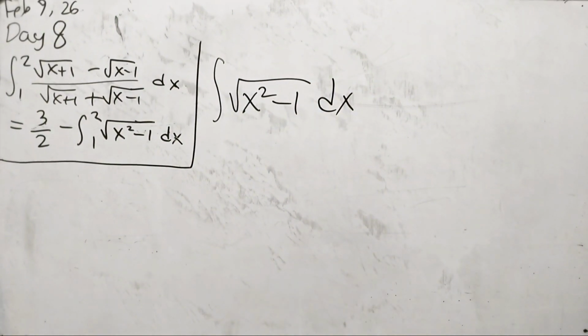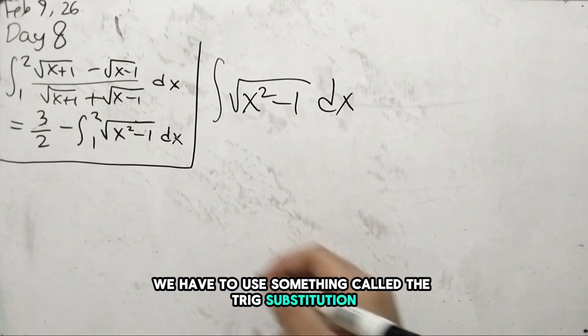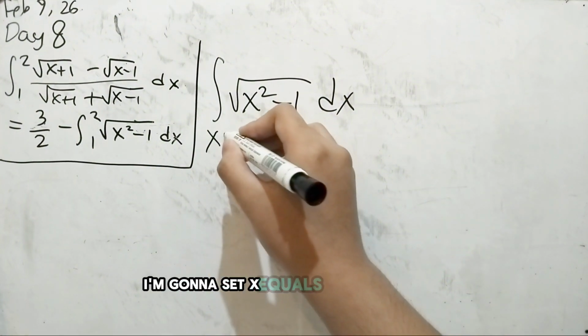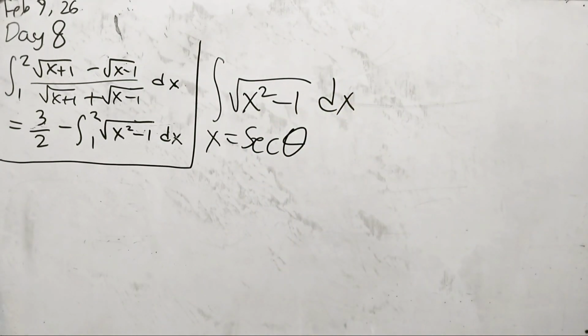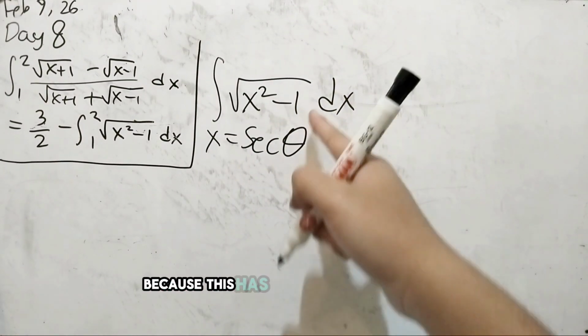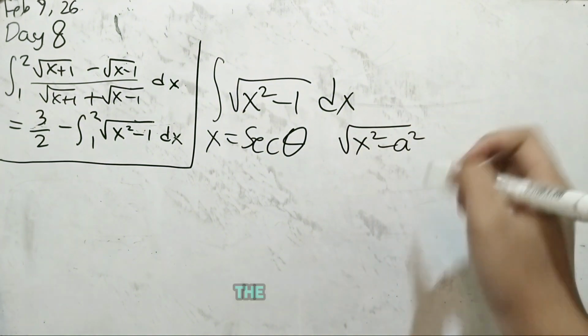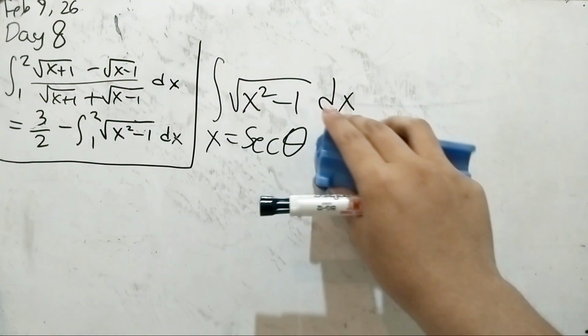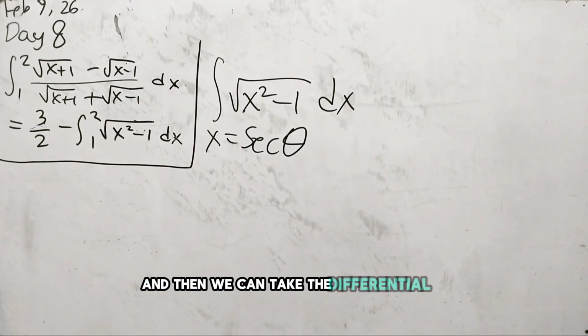So we have to use something called the trig substitution. I'm going to set x equal to secant theta, because this has the form of x squared minus a squared, the a being 1, like this, guys.